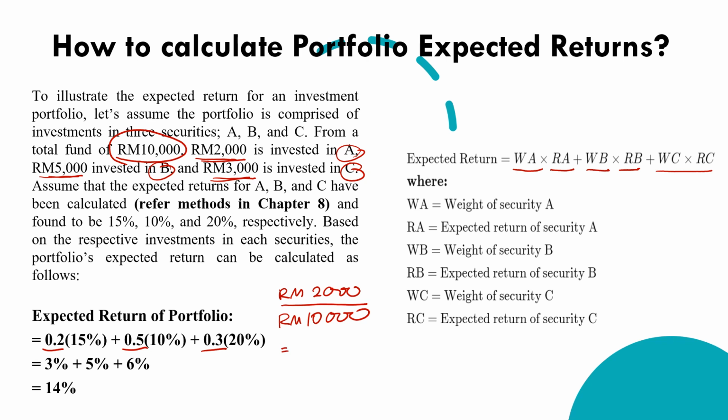And therefore, you get the first weight of 0.2, which is 20%. And you can find the rest from this example.